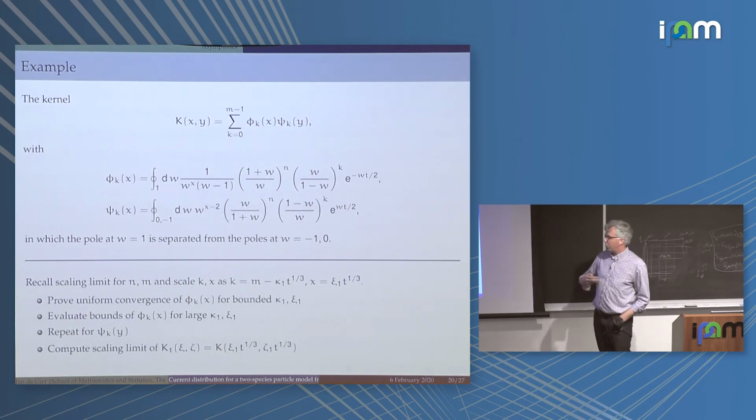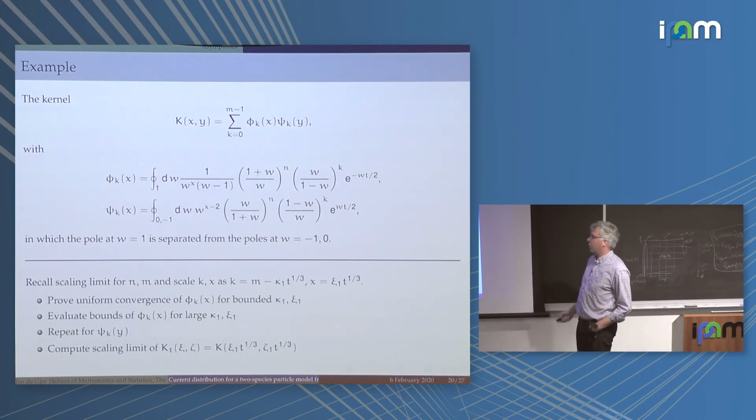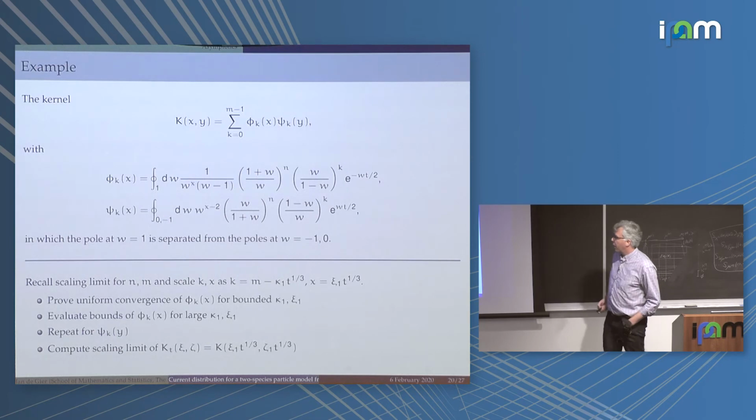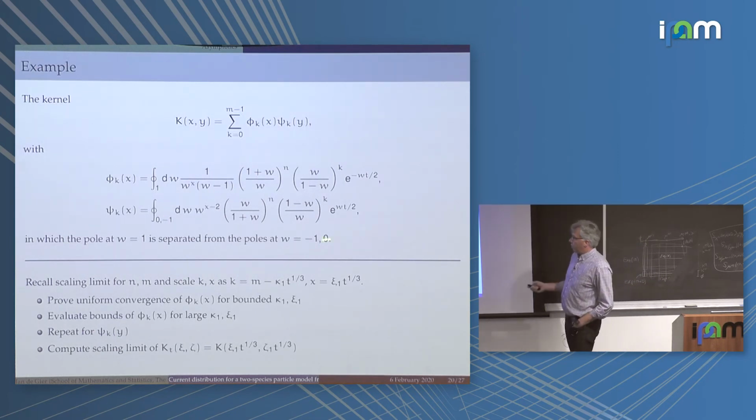So this is just a straightforward calculation that you can do, where phi is a contour integral of a single variable around 1, and psi is a contour integral of a single variable around 0 and -1.